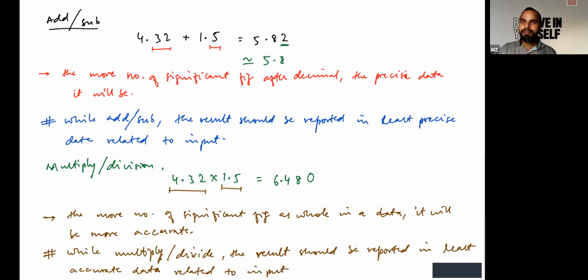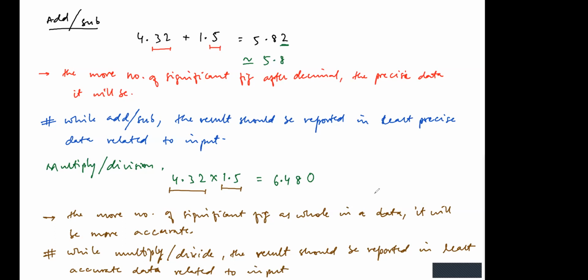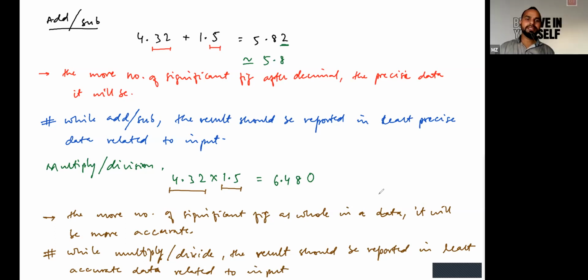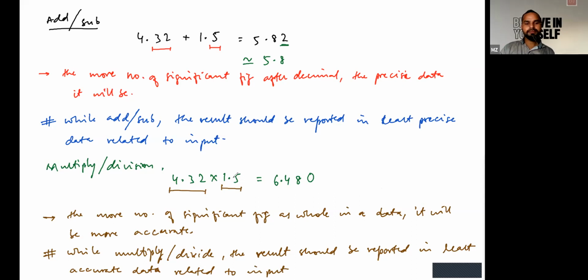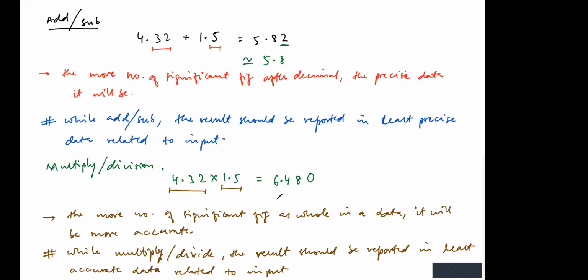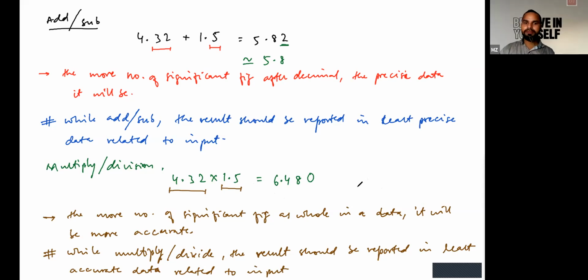Ifra, tell me which of these two observations is least accurate? So 1.5. How many significant figures are there? Can you please repeat your question again? How many significant figures are there? So 2. So the final answer of this multiplication must contain two significant figures.